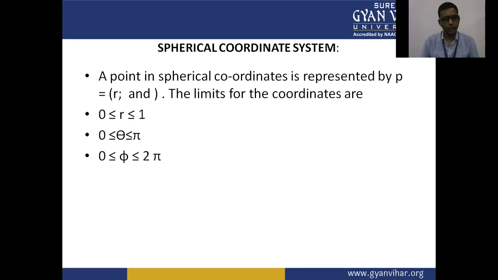It varies from 0 to pi. 0 is the lower limit and pi is the upper limit of theta. The next angular value, phi, has the lower limit 0 and upper limit 2 pi. So 0 to 2 pi is the limit for phi, 0 to pi is the limit for theta, and 0 to infinity is the limit for r, because r is a linear distance.